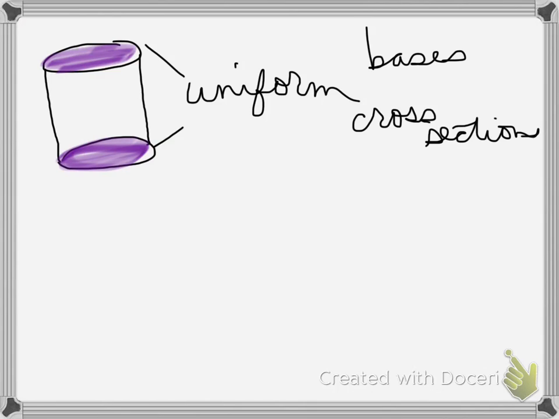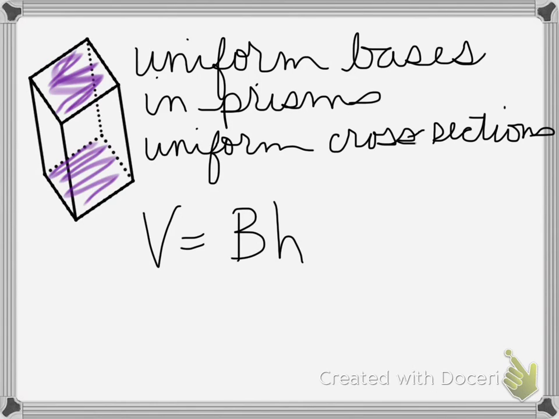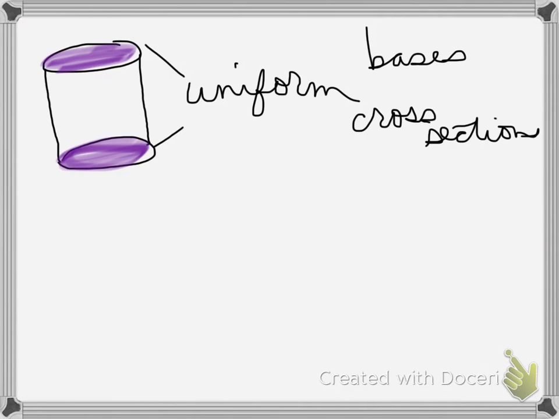Now let's just stop and think for a moment. When we looked at the prism, we knew that because we had uniform bases and uniform cross sections, our formula was volume equal to area of the base times the height. Now, when we look at our next picture with our cylinder, we notice that with cylinders, we have uniform bases as well.